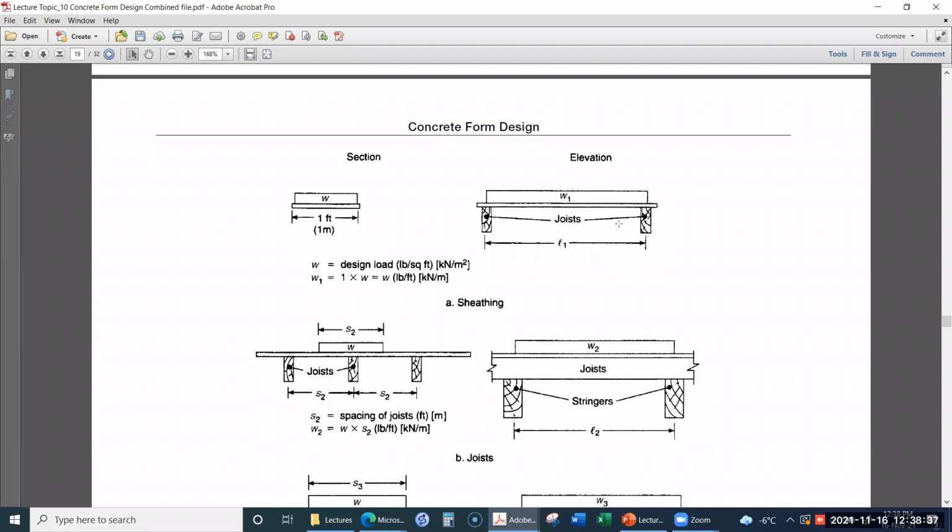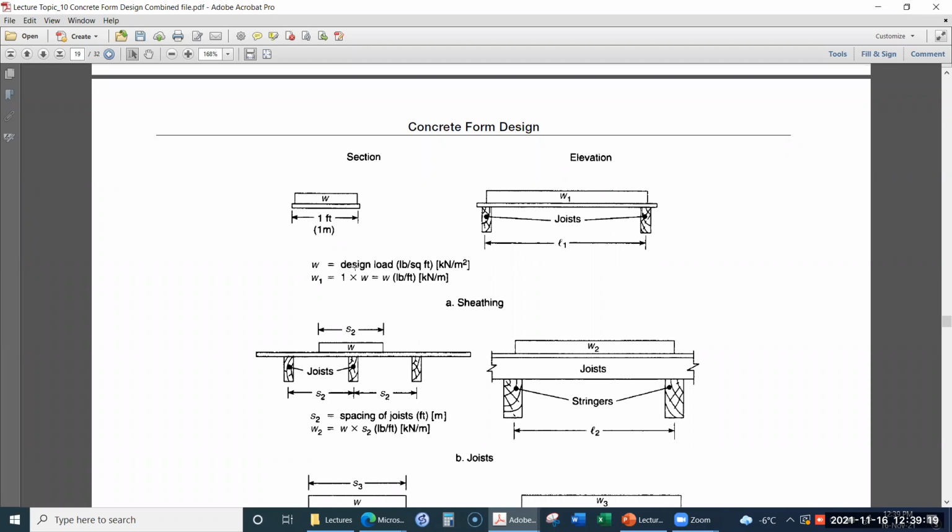These joists are at a center to center spacing of L1. On this sheet there is a load W1, and for the purpose of our analysis we consider a section of the sheet about 1 foot or 1 meter wide.